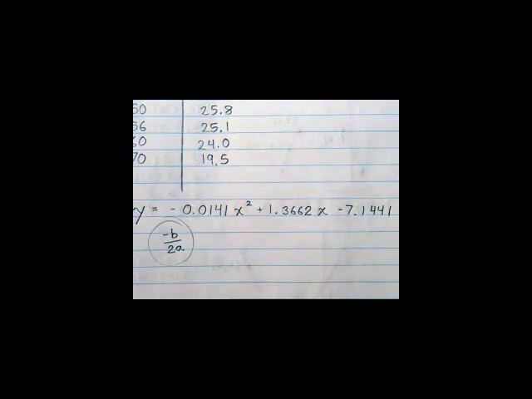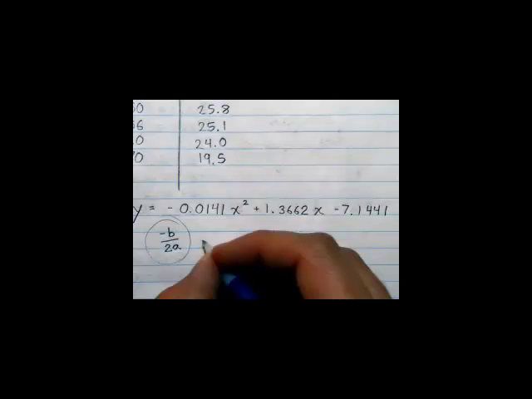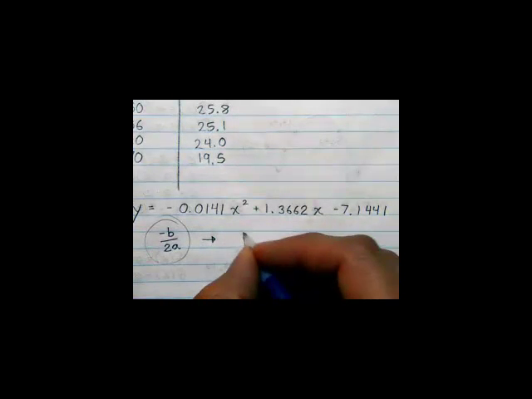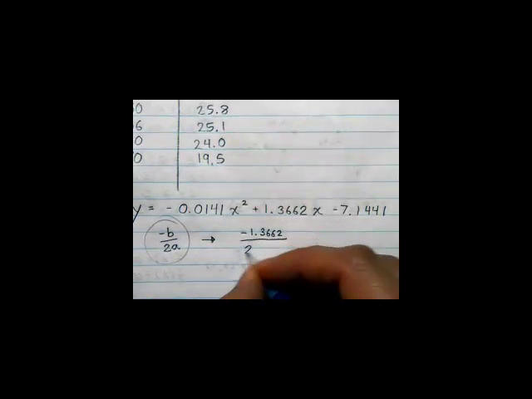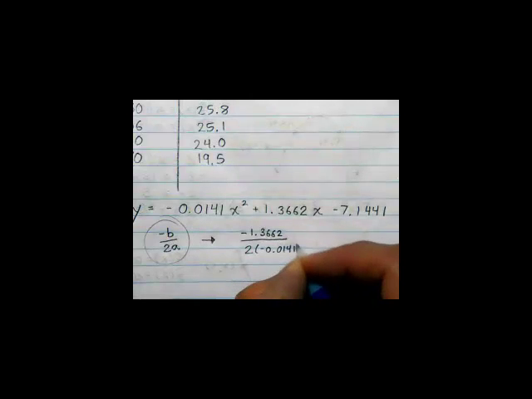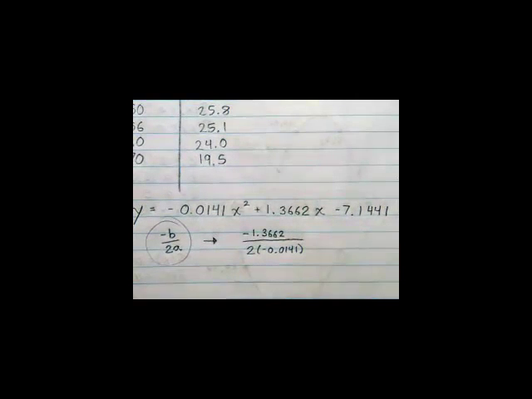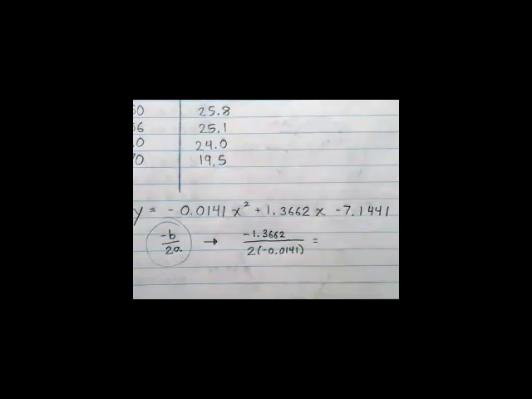Now I realize, yeah, there's some big decimals on here, but you have a calculator in front of you, which will handle that no problem. So our negative b over 2a, negative b, negative 1.3662 over 2 times a. That's my negative b, there's my a, just put them in there, and you got a calculator.